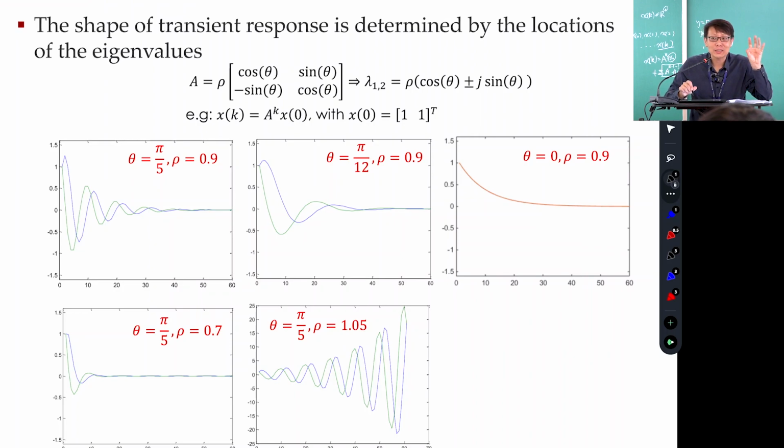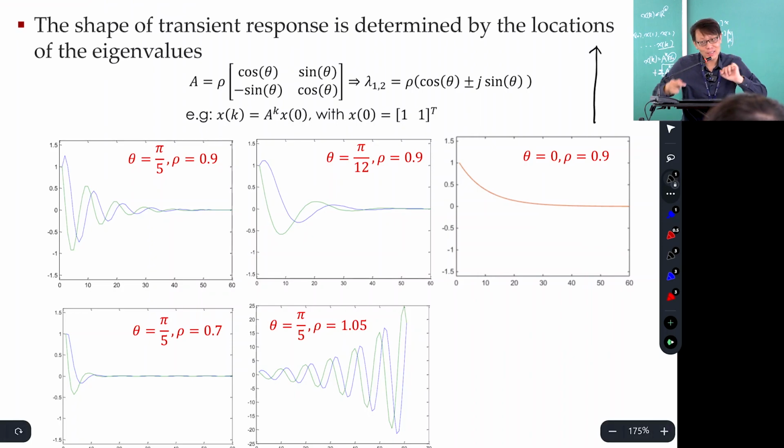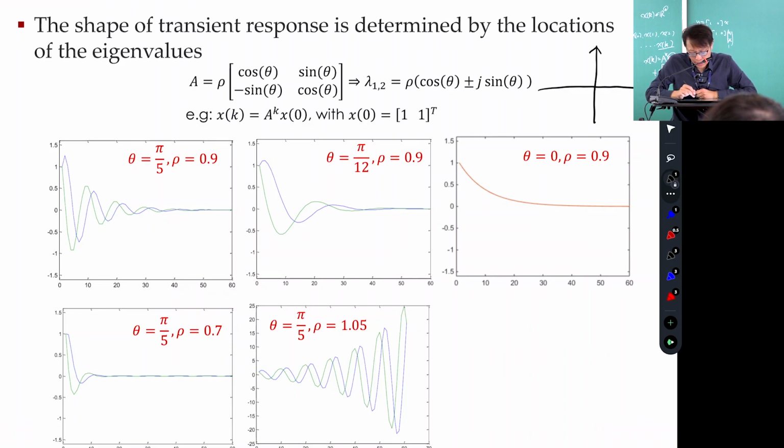Eigenvalues can be complex, but they just need to appear in pairs. In discrete time, we are dealing with the unit circle, not the open left half plane. So the eigenvalue has a norm. In this case, both eigenvalues, lambda 1, 2, have absolute value rho.